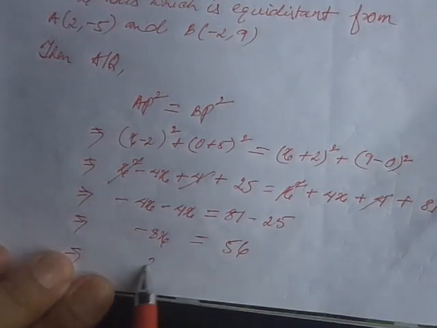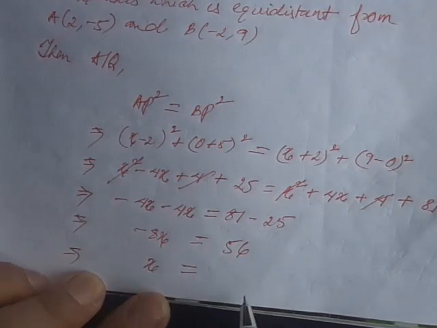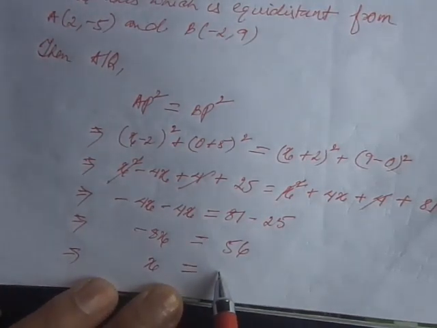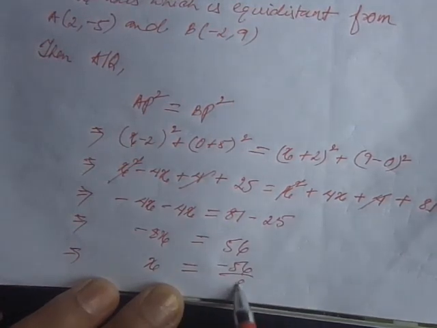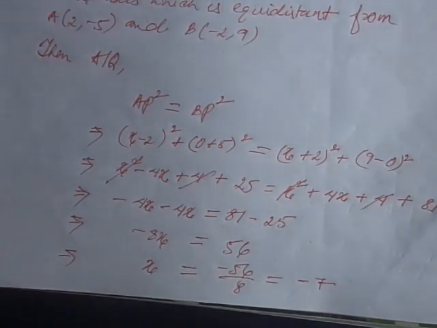So 8 sevens are 56, so we can write directly minus 7. Minus 56 by 8, so we can say x is minus 7. So x value is this one.